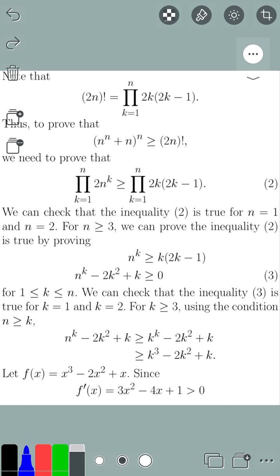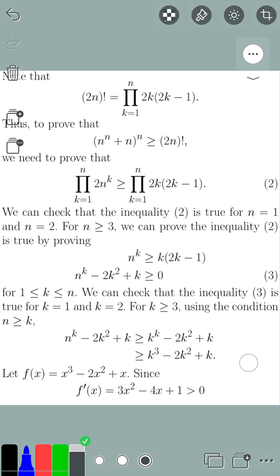And so we have that k to the kth power minus 2k squared plus k is larger than or equal to k to the third power minus 2k squared plus k.